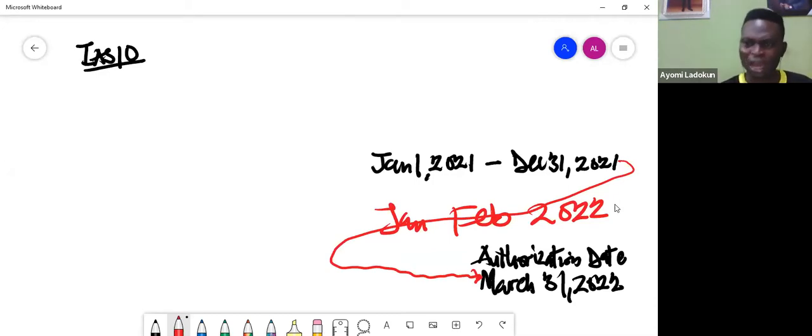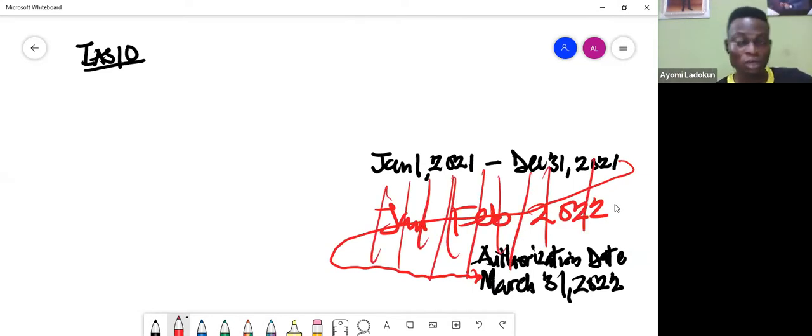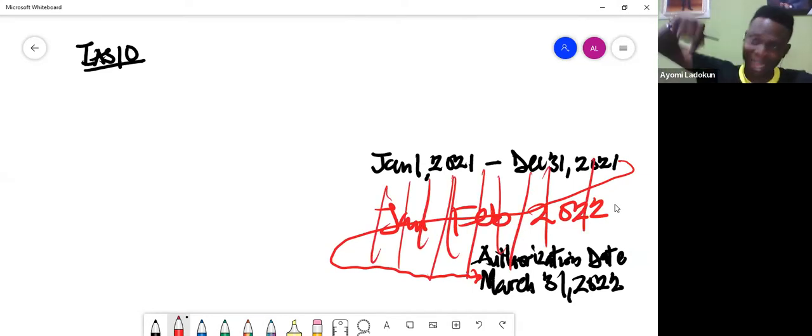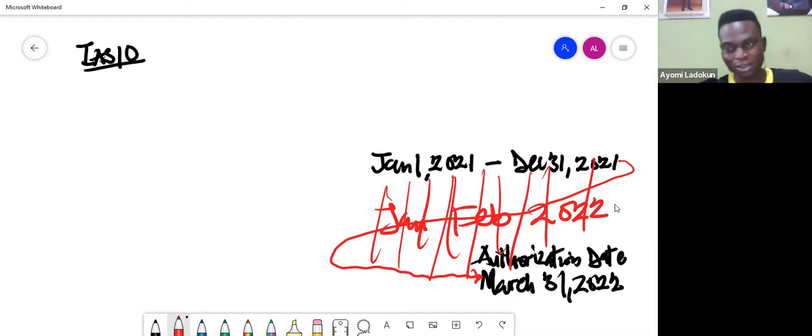Some events happened between that day and before financial statements are authorized for issue. That is what they call events after the reporting period. So what is an event after the reporting period? There are those events, favorable and unfavorable.